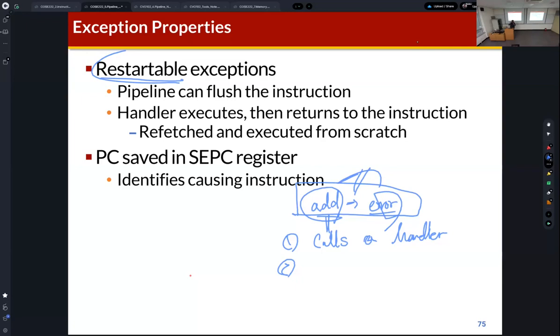This is possible because we already store the program counter of this add instruction. So in this case, the add instruction is fetched again, and the program can be restarted.